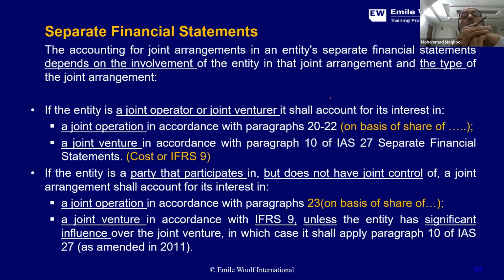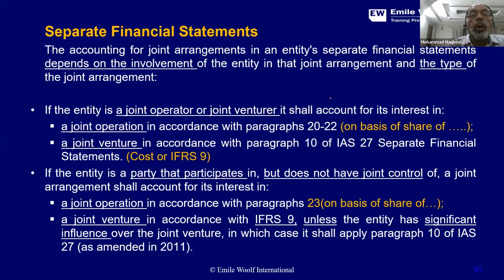The accounting for the joint arrangement in the entity's separate financial statements depends on the involvement of the entity in the joint arrangement and the type of the joint arrangement. We're talking about the separate accounts now.